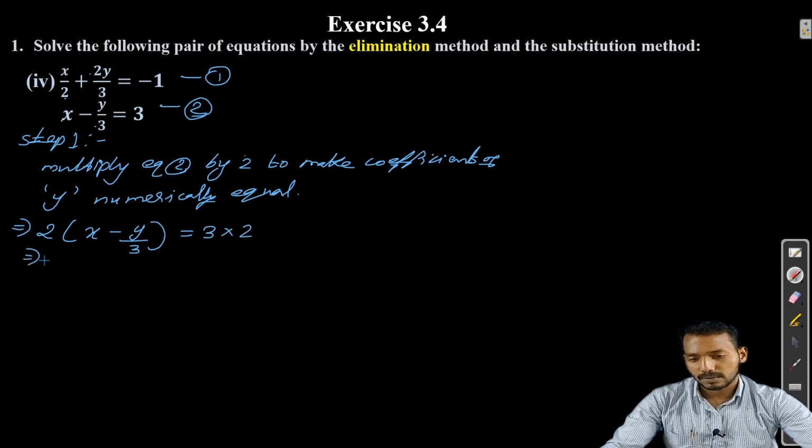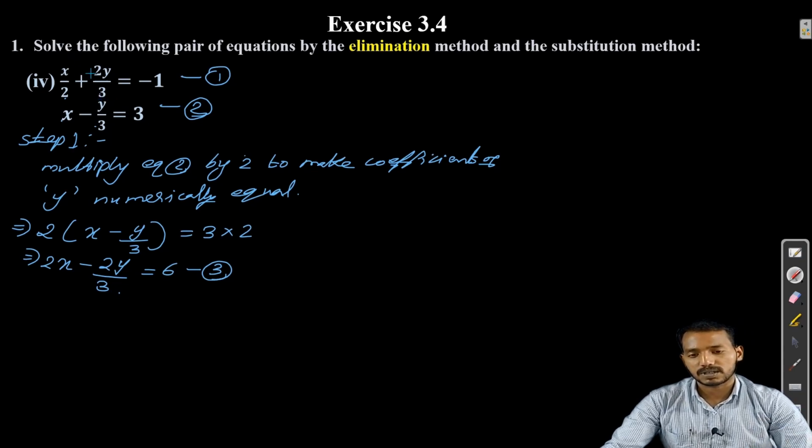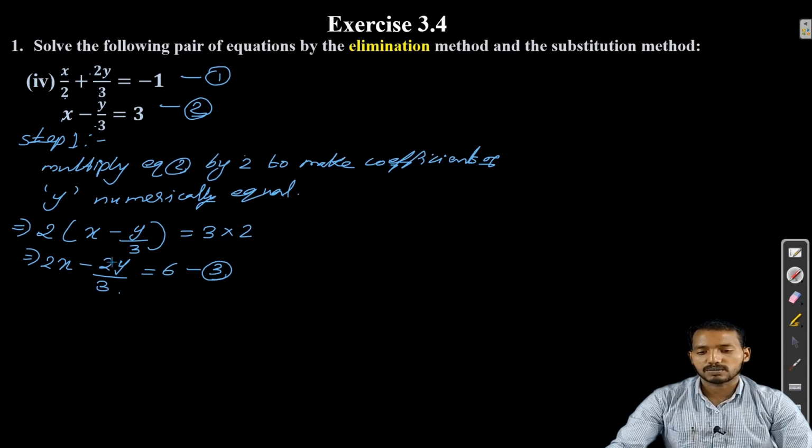Simplified, it implies 2x, 2 into minus y by 3 will be minus 2y by 3, which is equal to 6. Equation number 3. Now the coefficient of y in equation number 3 as well as in equation number 1, they are numerically equal. One is plus 2 by 3 and another one is minus 2 by 3. No matter, we can solve easily.